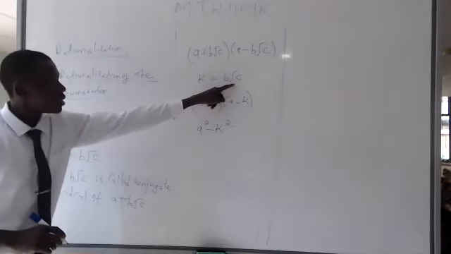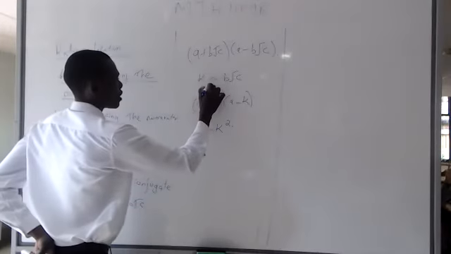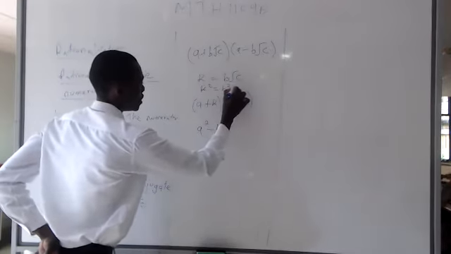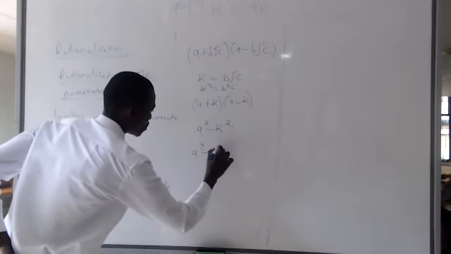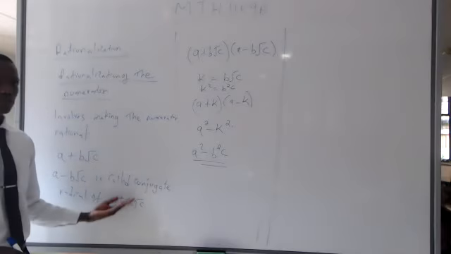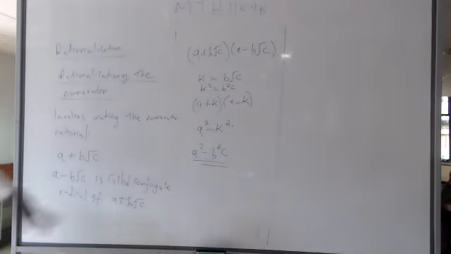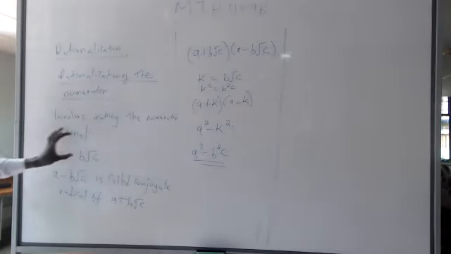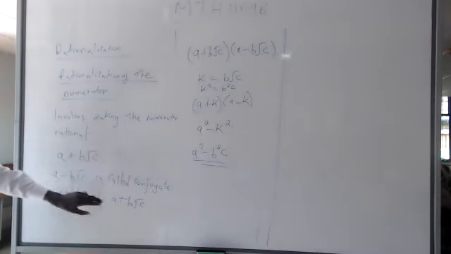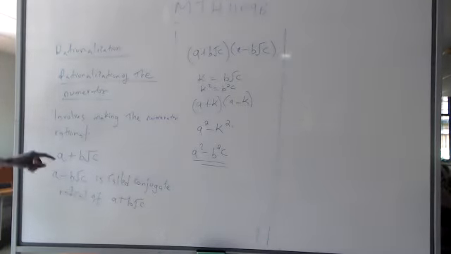What will k squared be? So from here, k squared is b squared c. And therefore you will have a squared minus b squared c, which is now rational because we have done away with this radical symbol. Okay, so this is the trick that you will use to rationalize the numerator or the denominator. So if you're asked to rationalize a numerator, just multiply both the numerator and the denominator by this conjugate radical, and it simply involves changing the sign here.